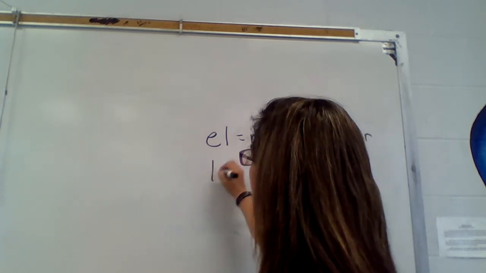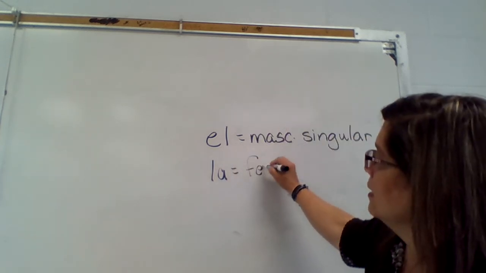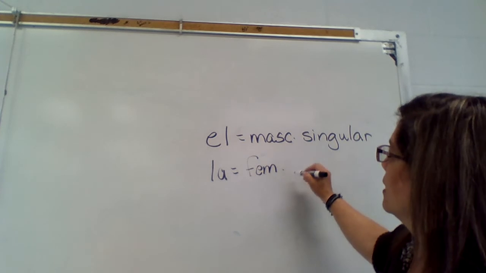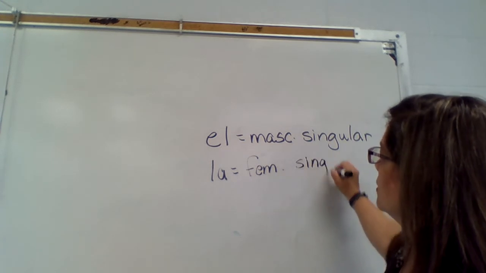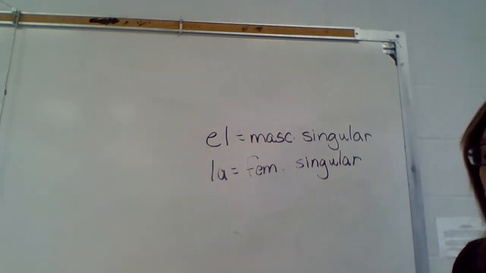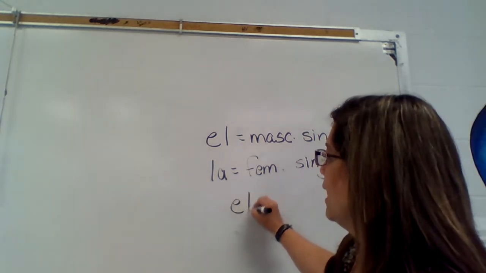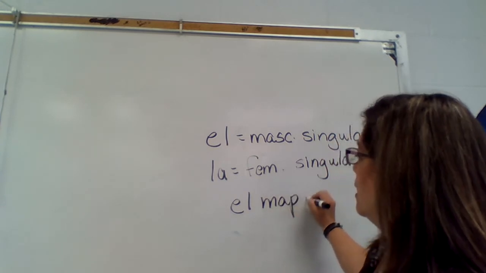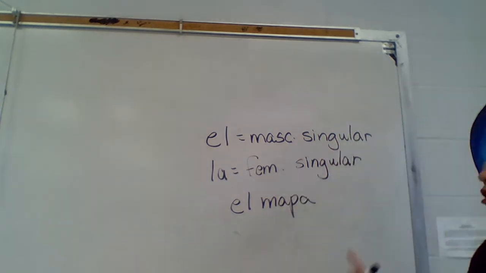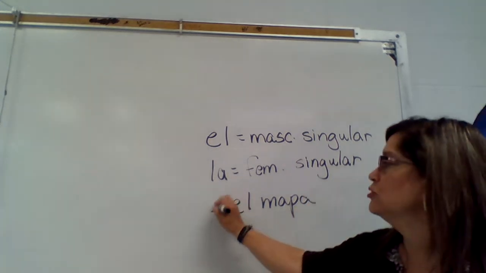And the word la is for something that is feminine and singular. The article, when you see it in front of the noun, will tell you the gender too. So again, example, el mapa, we know it doesn't follow the rule of ending with an A being feminine. It's an exception to the rule.